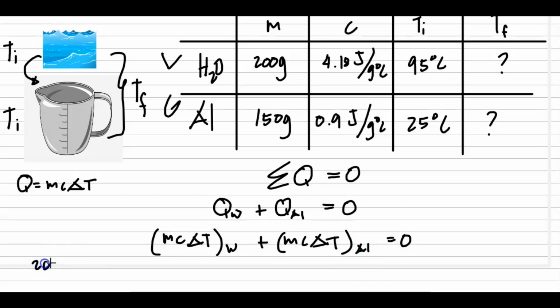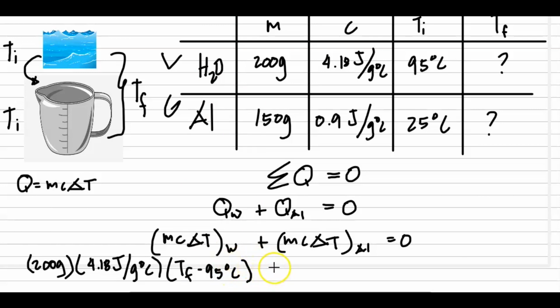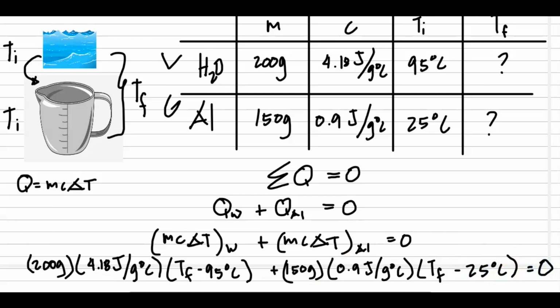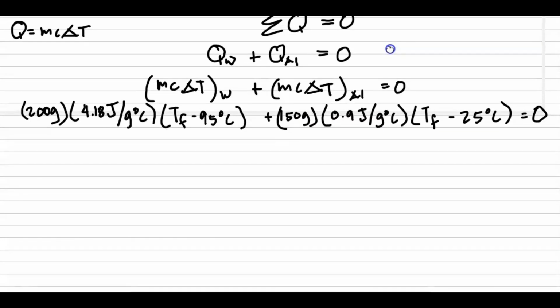So plugging in all the values, we have 200 grams times 4.18 joules per gram degree Celsius times TF minus 95 degrees Celsius, that's for water, plus 150 grams times 0.9 joules per gram degree Celsius times TF minus 25 degrees Celsius, that is for the aluminum, is equal to 0.